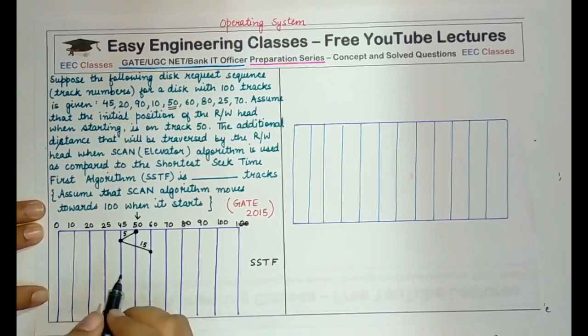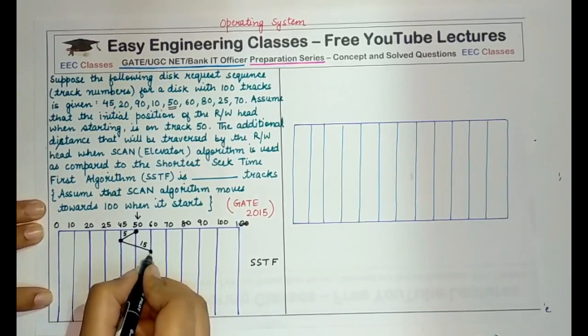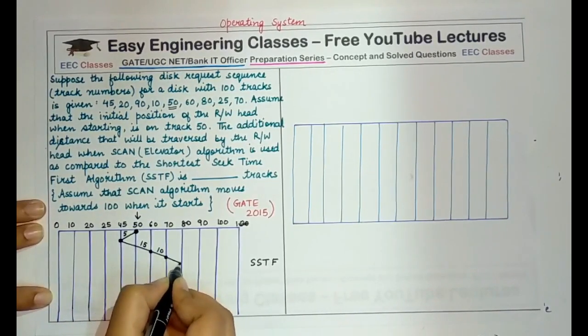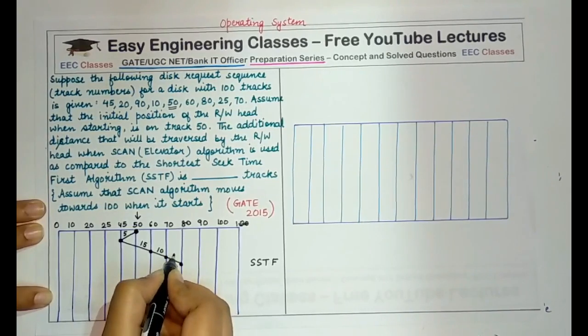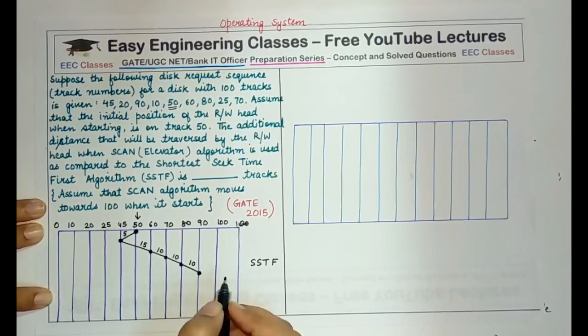Then from 60 the nearest one is 70, which uses 10 units. Then 80, again 10 units, then 90, and then we stop, because 100 is not a request. It is the end of the disk, and there we do not have to serve any request.